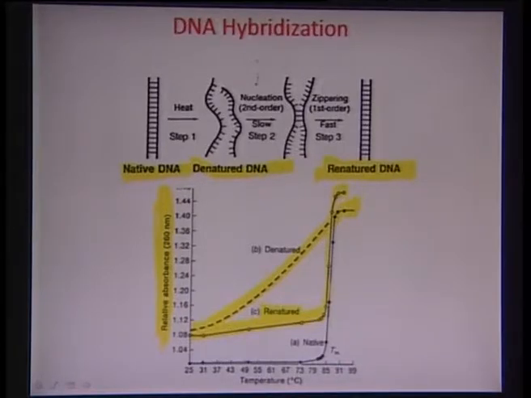For native DNA, the absorption criteria would change again at about 90 degrees or so, but quite towards the end of the spectrum, almost around 80 degrees or so, there would be a sudden rise in the absorption. So you can actually have differential characteristics, as you can see here, of optical absorbance between these three states: denatured, renatured and native state of hybridized DNA.